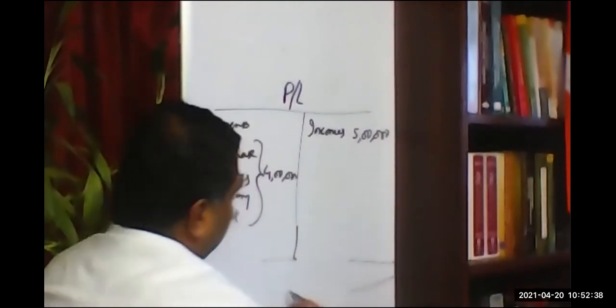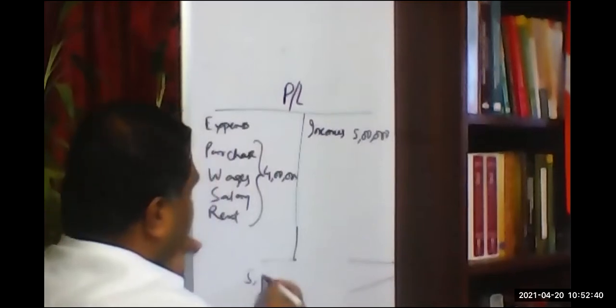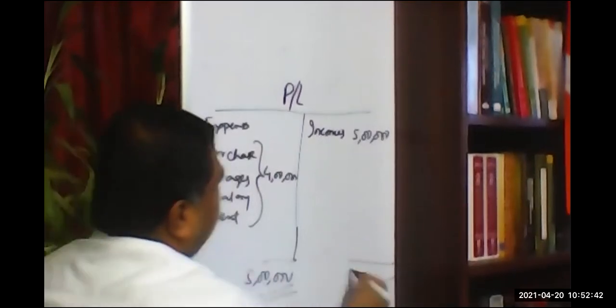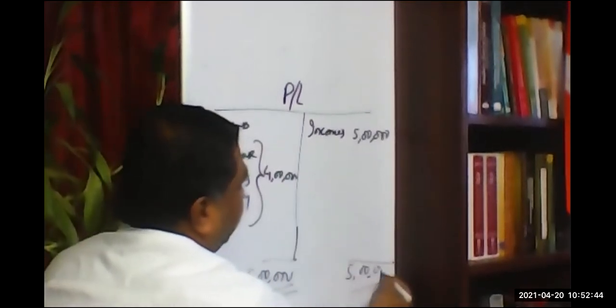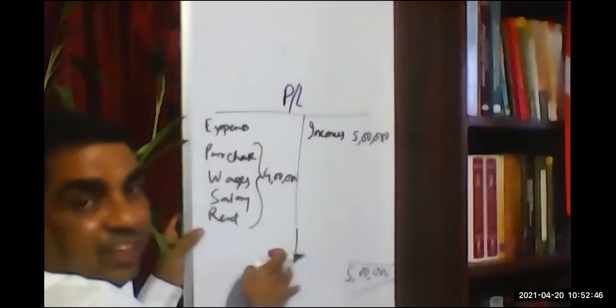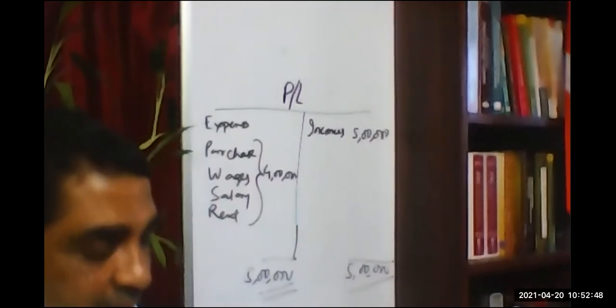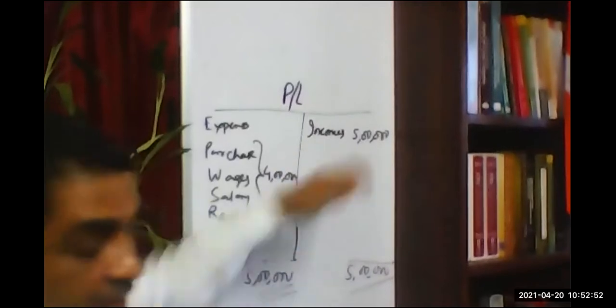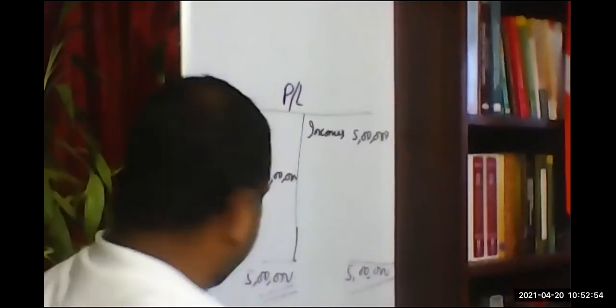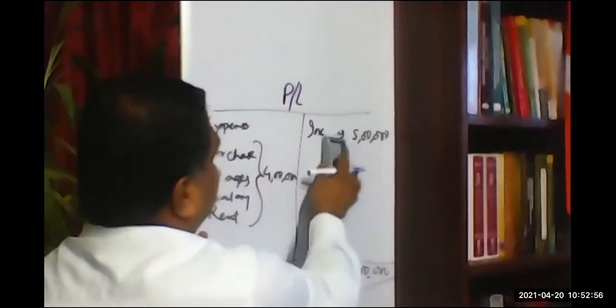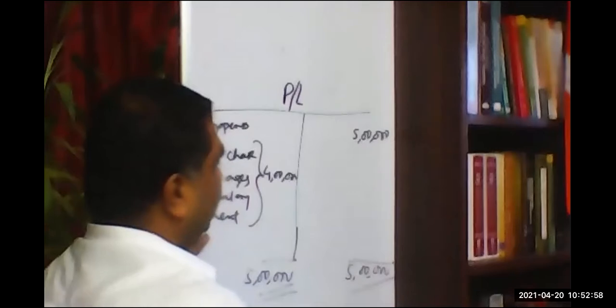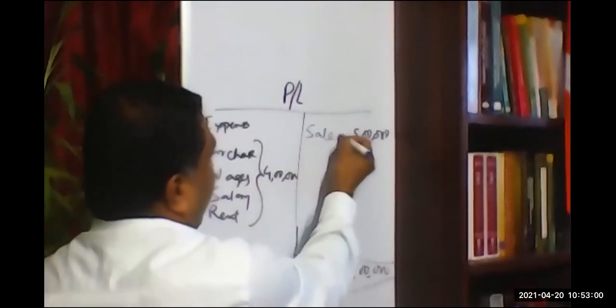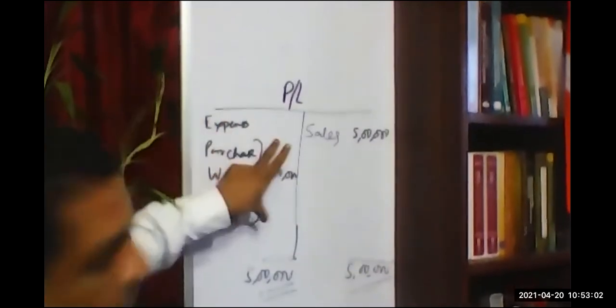And the total this side has to be 5 lakh as well. The difference is what? My income, or you can say my sales, I will not call it income. Let us say my sales is 5 lakh, my expenses are 4 lakh.